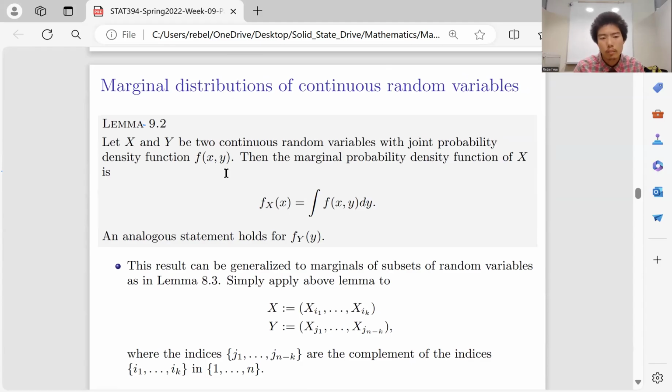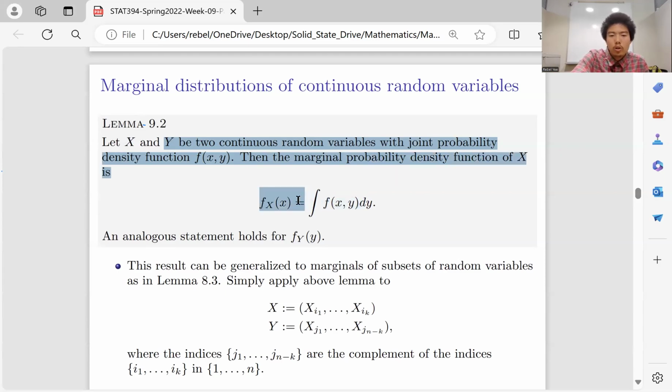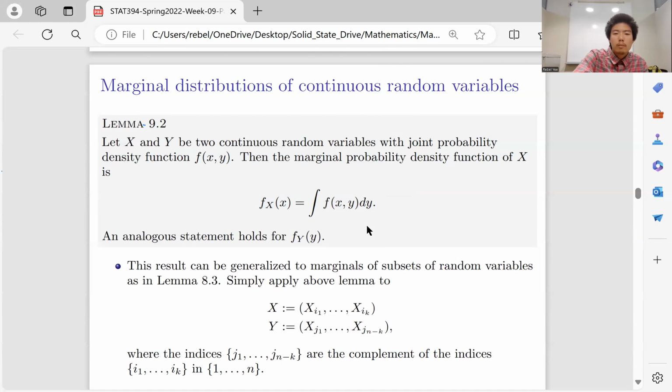So let X and Y be two continuous random variables with the joint probability density function f_{X,Y}. Then when we want to find the marginal probability density of X, we do the integration only over y. And similarly, if we want the marginal density of Y, we integrate over x.